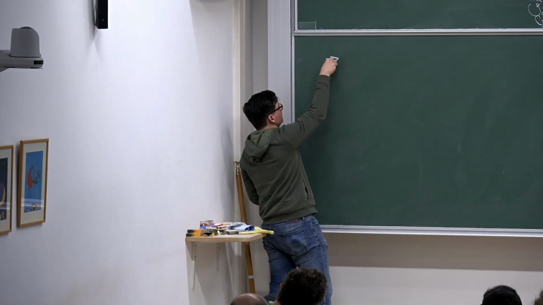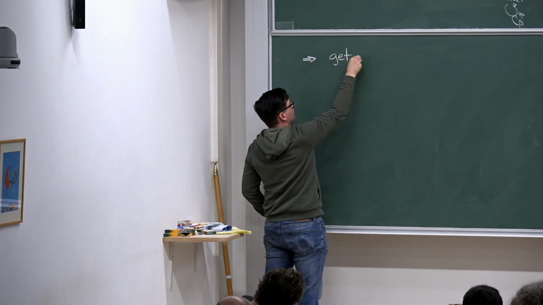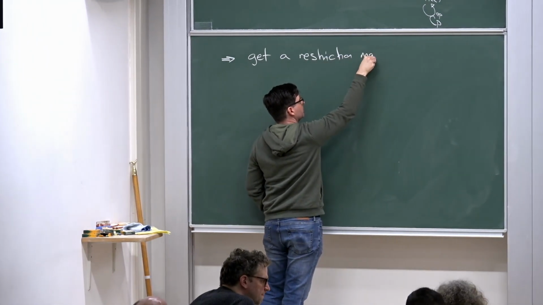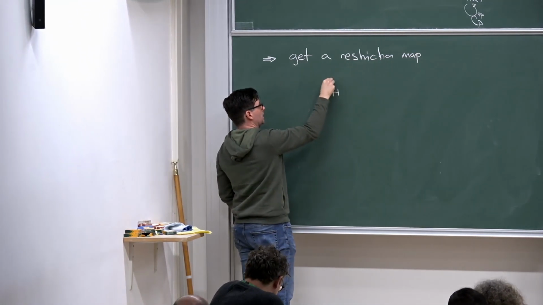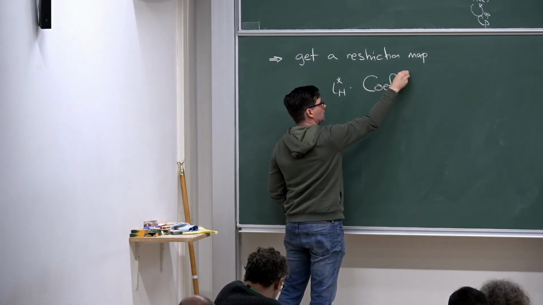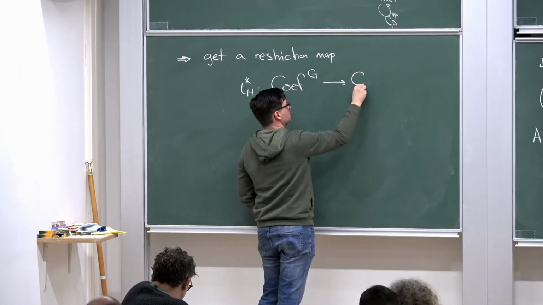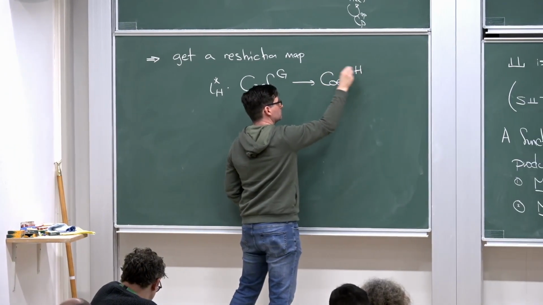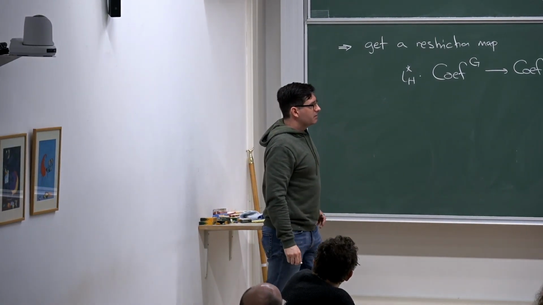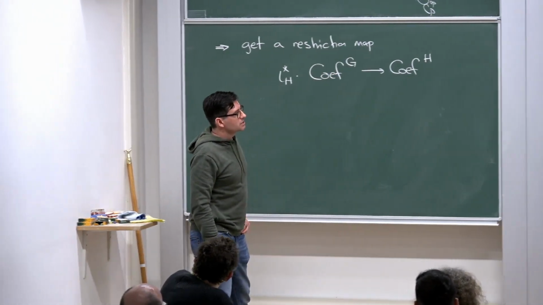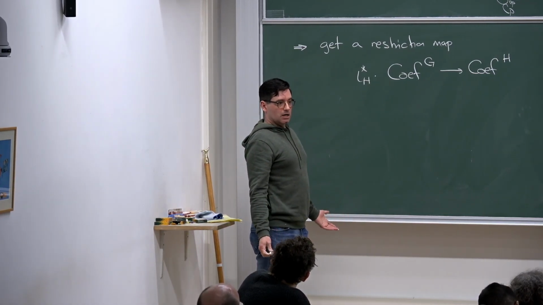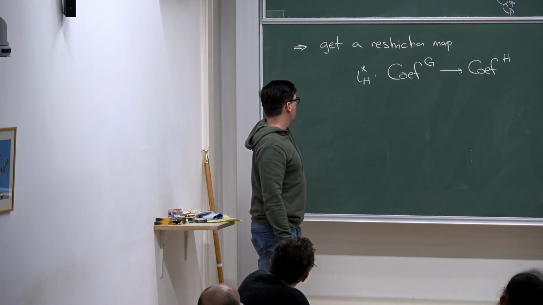So precomposing with this, I get a restriction map, I_H upper star, which goes from coefficient systems for G to coefficient systems for H. And if my target category, I'm actually going to be super agnostic as to what kinds of coefficient systems, so coefficient systems of somethings, and provided my something has limits and colimits, then these have both adjoints.